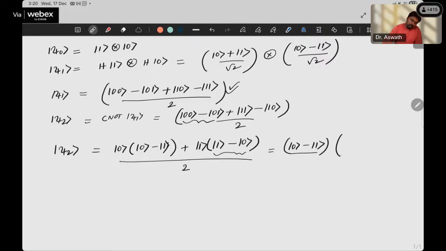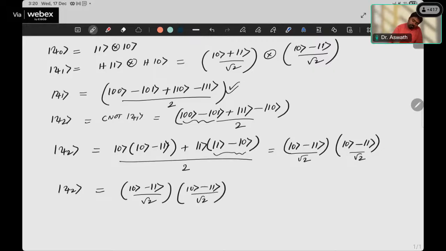If I take the first element as 0 ket, second element as minus 1 ket, divided by, there is a 2, so I'll have square root of 2 here, square root of 2 here. Okay, right? So now psi 2 is 0 ket minus 1 ket divided by square root of 2, 0 minus 1 ket divided by square root of 2. This is what I have.